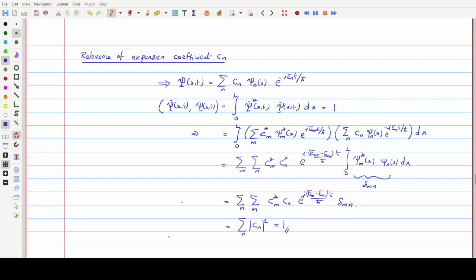So in general, this psi of x,t, the state of the system, can be expanded in the energy eigenfunctions of the form sum over n, Cn psi n of x e raised to minus i En t by h cross. So recall this psi n represents the stationary states, or it is also called the energy eigenstate, corresponding to energy En.